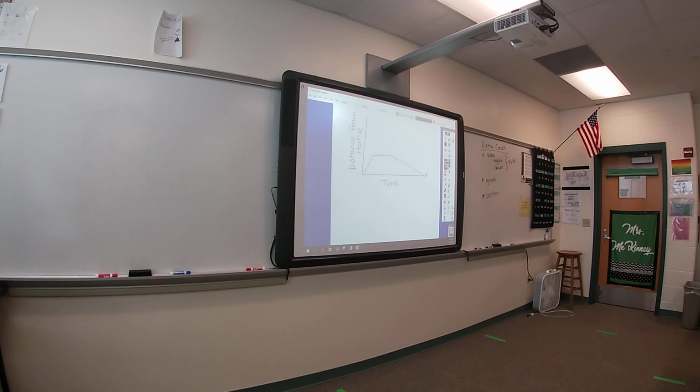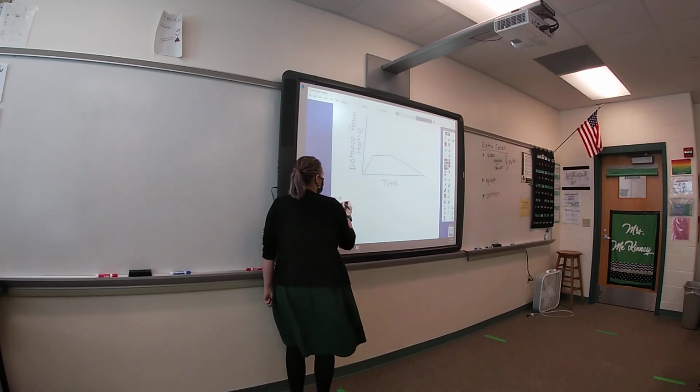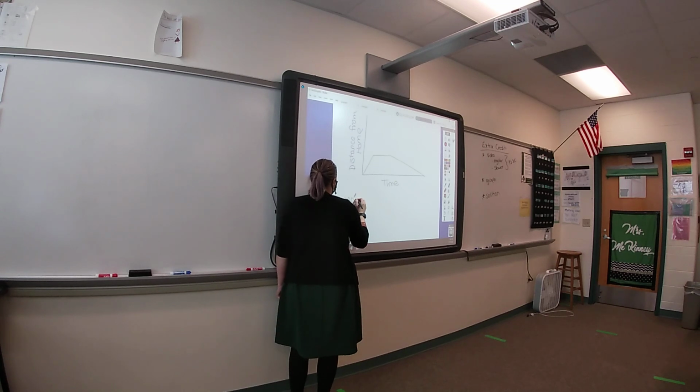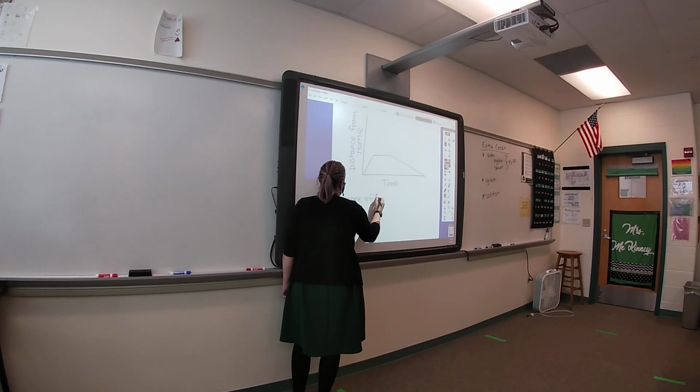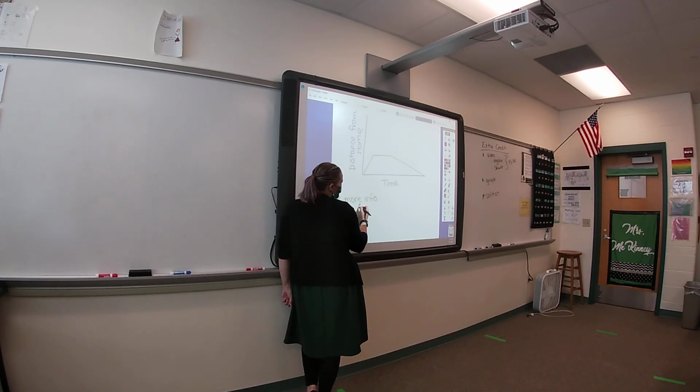No, you guys are thinking too graph. You're too stuck on a graph. Lily? Maybe just total distance, not from home, just total distance. What if I just told you the story?